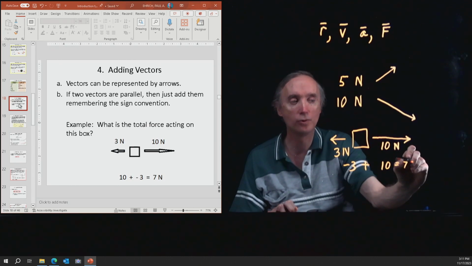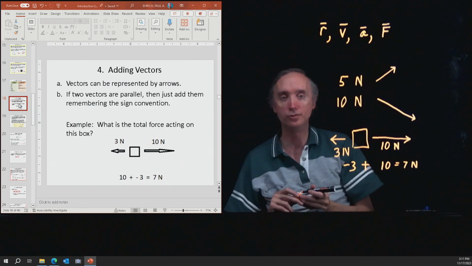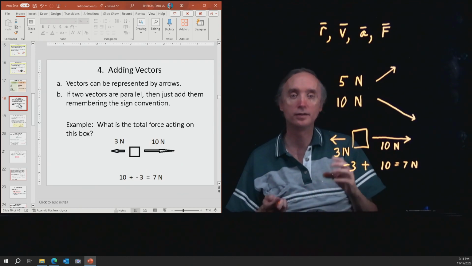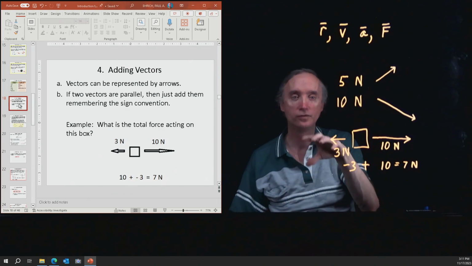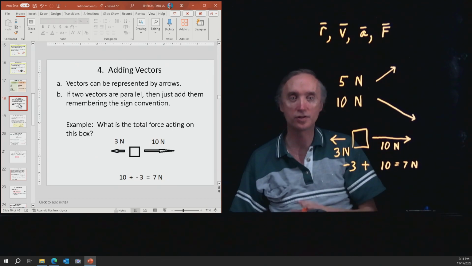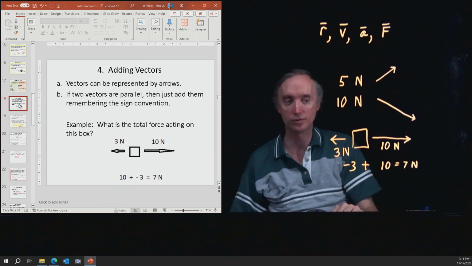Always remember to put your units on there. So it's going to be 7 newtons. That is the force that results when you add those 2 forces together. It's just plain old algebra, and you just have to remember your sign convention.